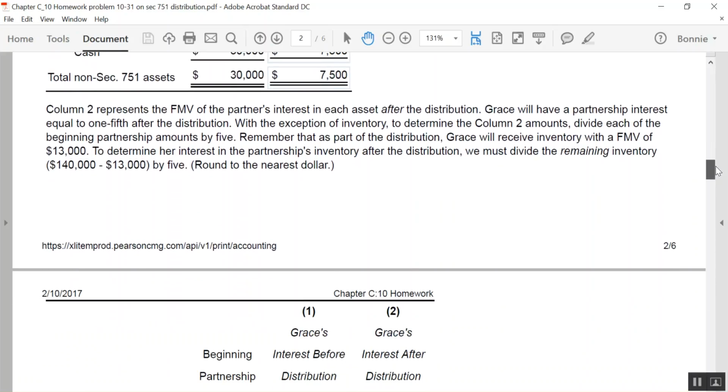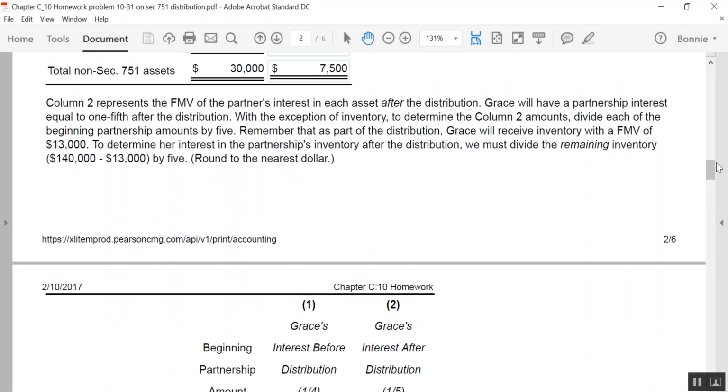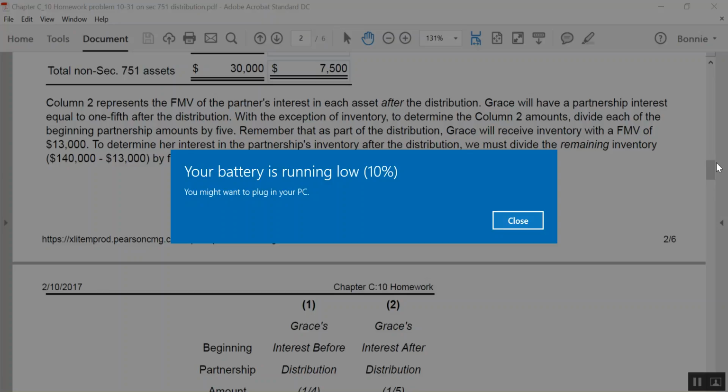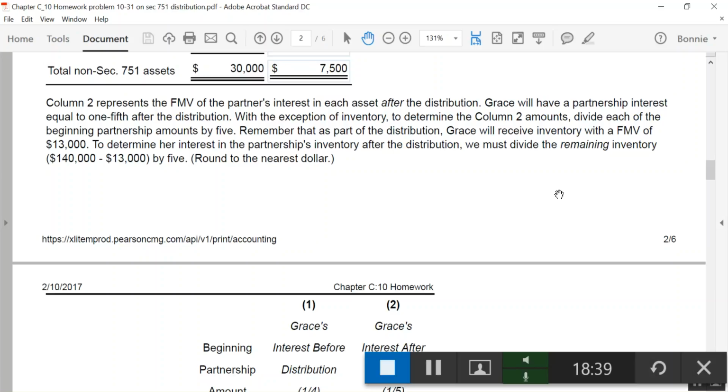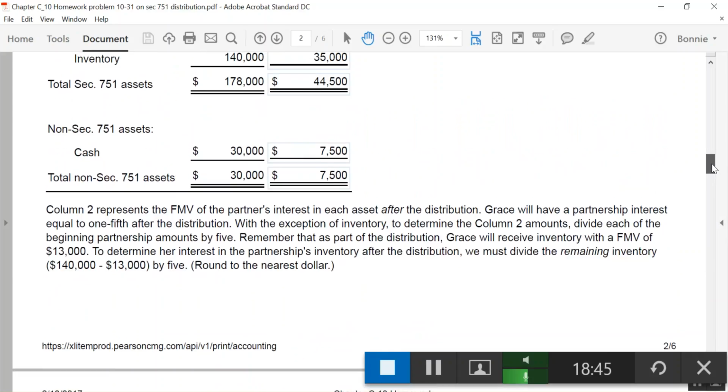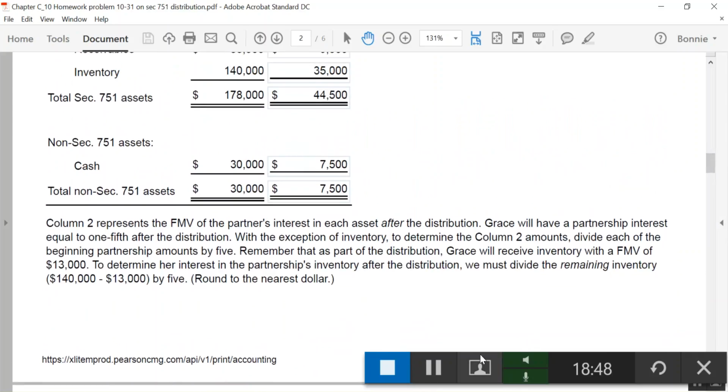Now we get to column 2. Column 2 represents the fair market value of each of the assets after the distribution.